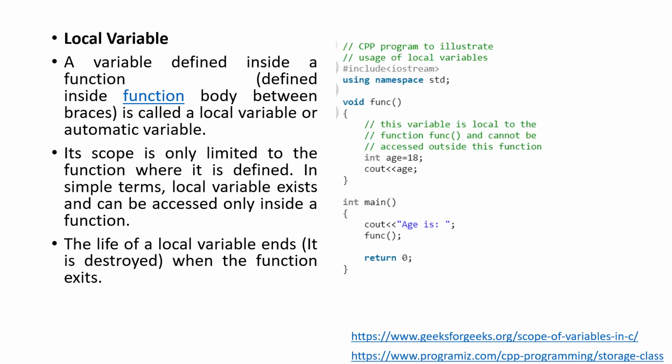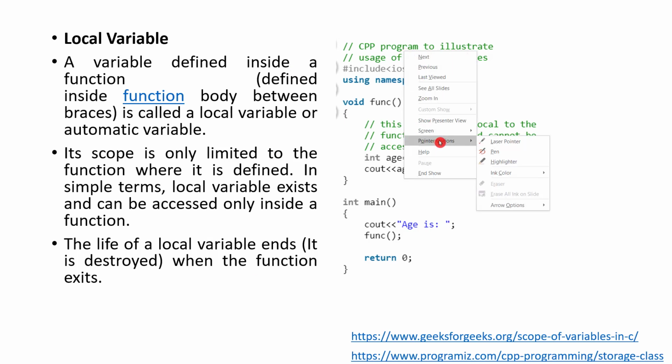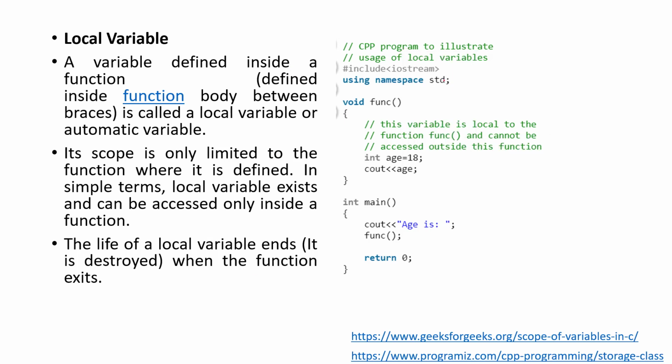We'll make it clear with a program. These comments won't be read by the compiler. The first line is executed, then the second one. So this is the user-defined function from here to here.